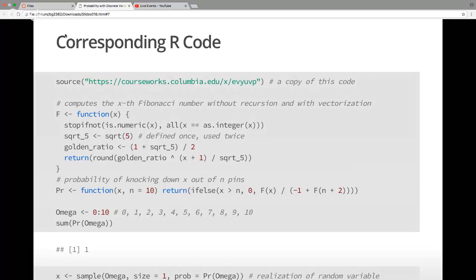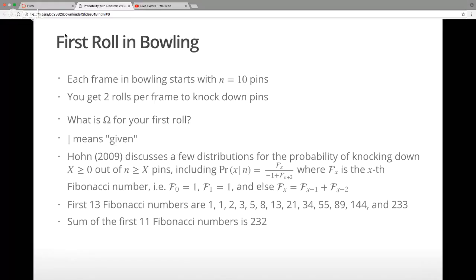There's a sort of technical issue that computers don't really do random numbers. They're more like pseudo-random, but you can consider them to be random. But we know the probabilities of knocking down this or that number of pins on our first roll. It's just given explicitly by this expression here.